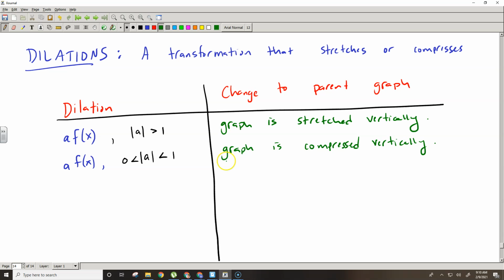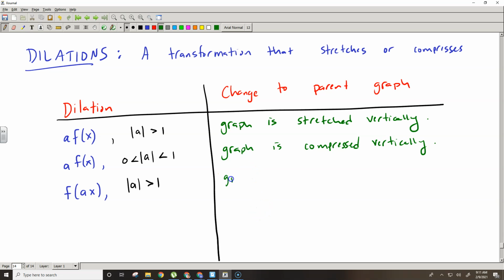That's a vertical compression. Now, two more that I want you to put in there. Instead of a times f of x, if we take f of ax, or a times x, and again, we are assuming here that the absolute value of a is greater than 1, then we can think of this as a horizontal compression.